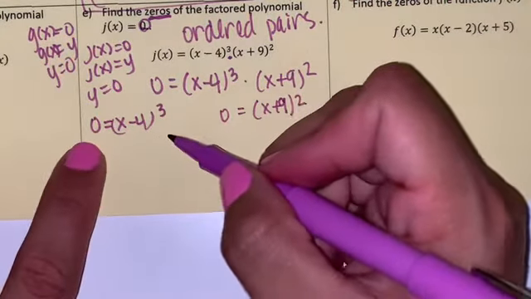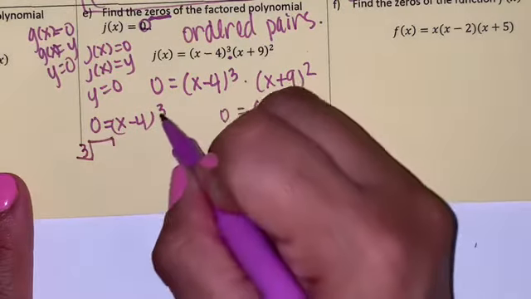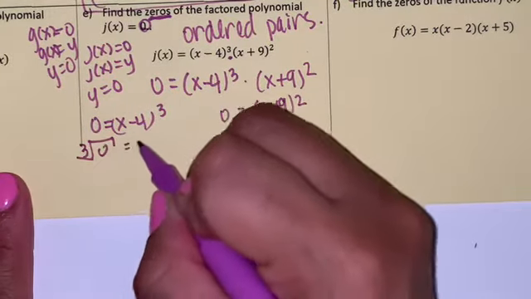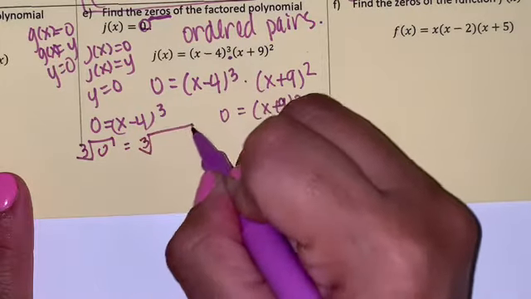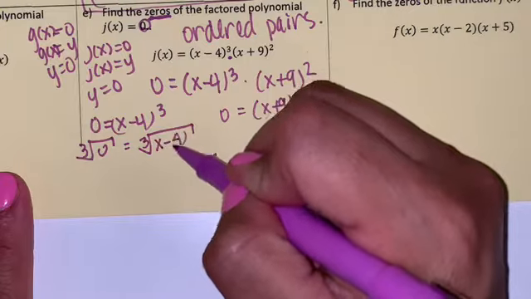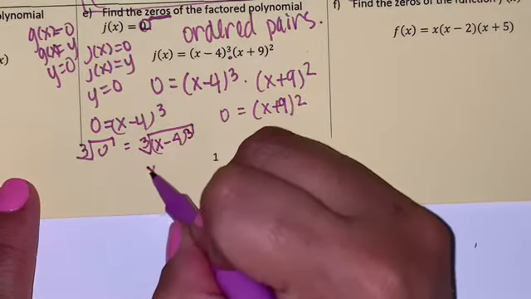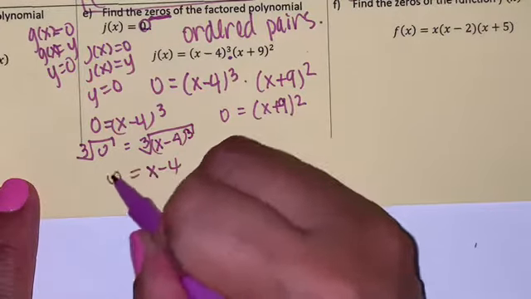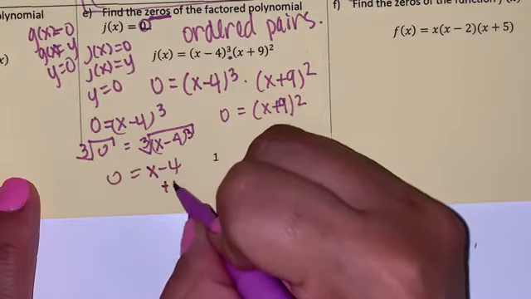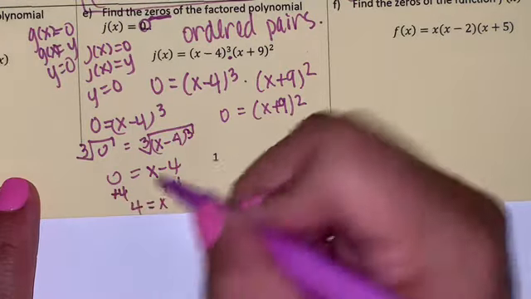On the left-hand side, we're going to take the cube root of both sides to get rid of that cube. So then I get x minus 4 equals 0, plus 4, plus 4, x equals 4.